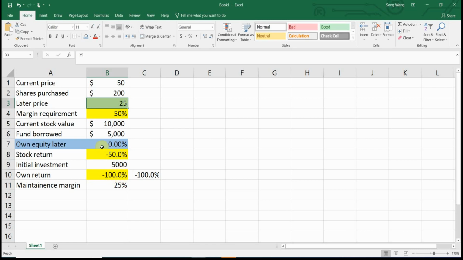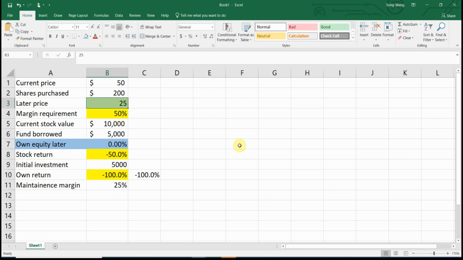That means 100% of your equity is wiped out down to zero. But the broker will not allow that to happen. That's too dangerous for them. They will let you go down as low as 25%, and then they will force you to sell the stock off.